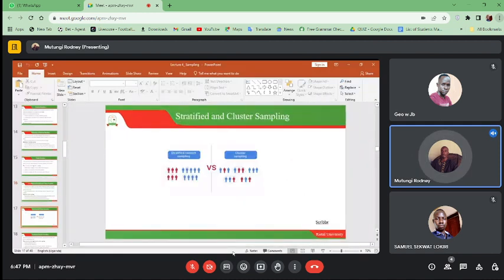So as you can see from this infographic or illustration, we have the difference between stratified and cluster sampling.